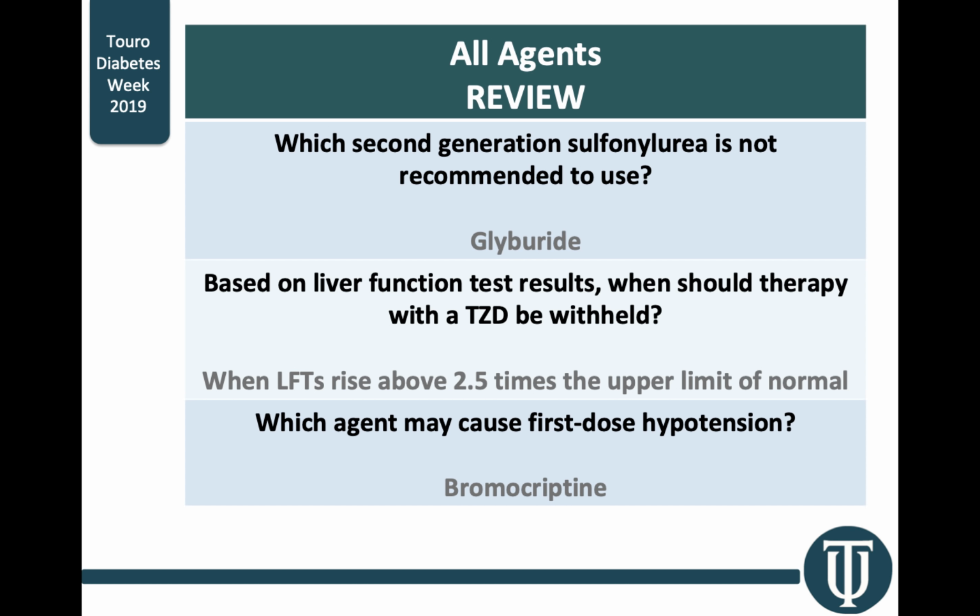When the liver function test is above 2.5 times the upper limit of normal, then we don't want to use a TZD. The third question is, which agent may cause first dose hypotension? And the answer is bromocriptine, which is a dopamine 2 receptor agonist.